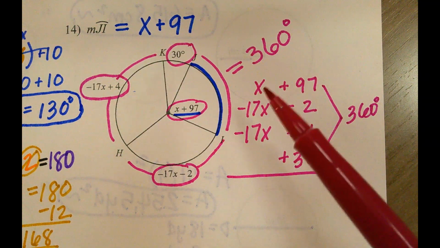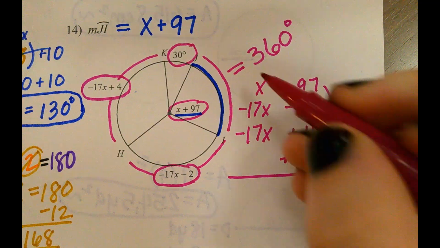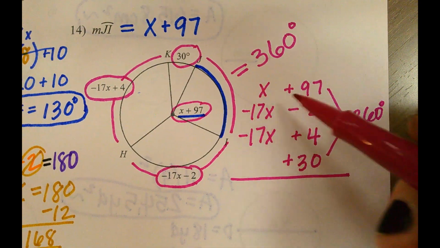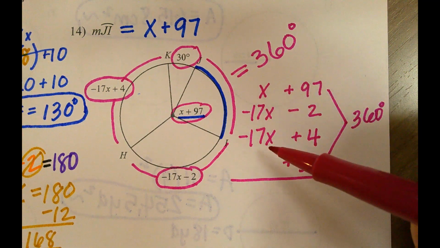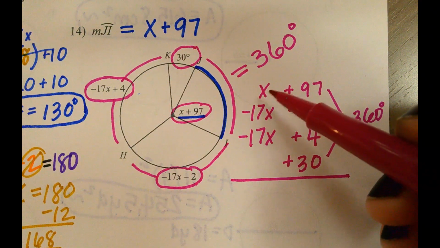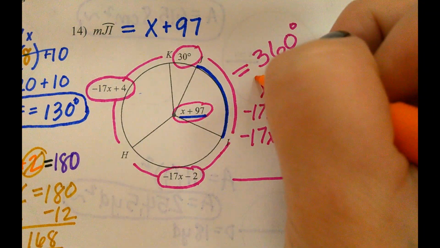So I have x by itself. What is that invisible number in front of the x? There's no number. Don't forget that this is still 1.